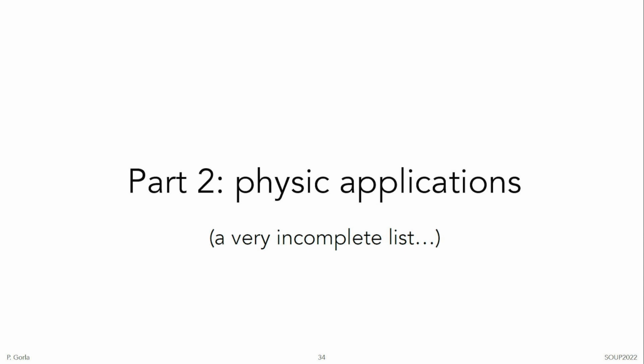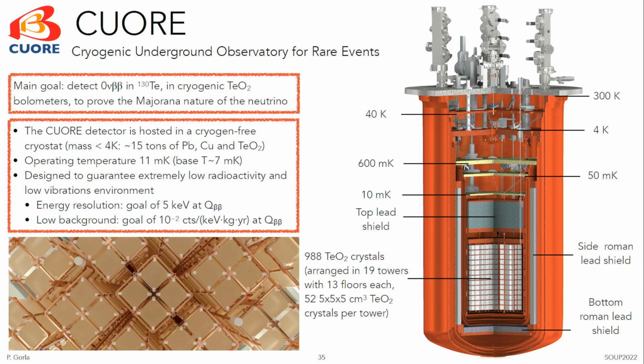Few words about the physics application. So a couple of experiments that are here at the Gran Sasso laboratory. The Cuore experiment is relevant for this discussion because, as I anticipated speaking about the cryostat, it set a new standard for the mass you can cool to low temperature.